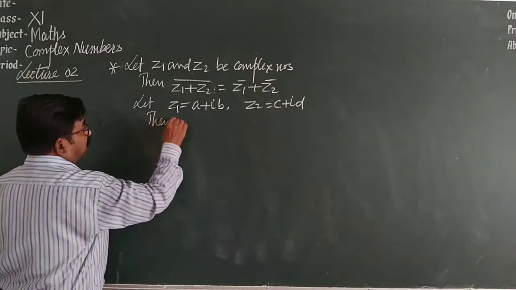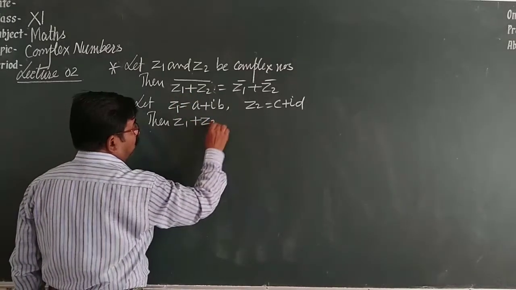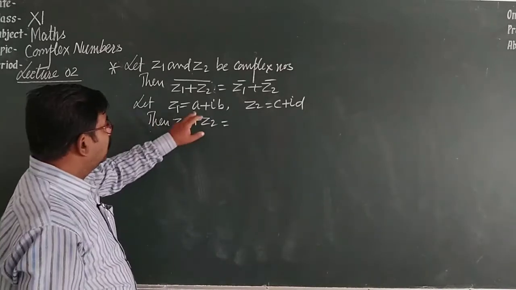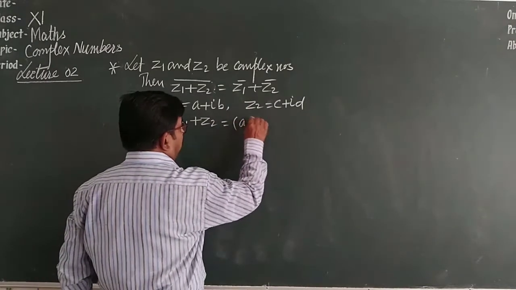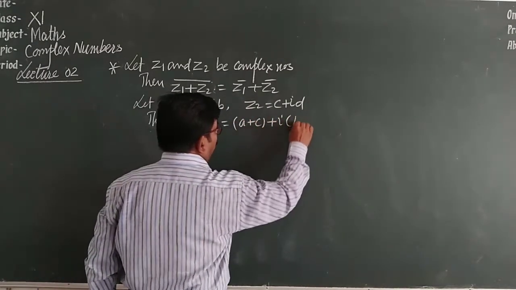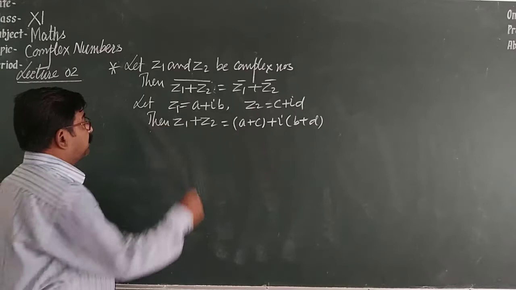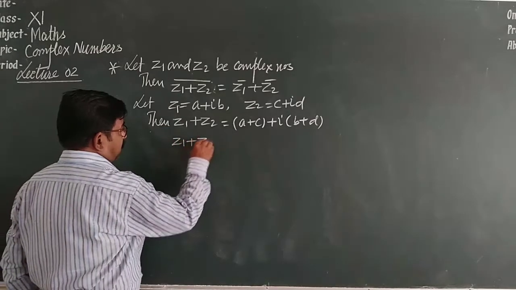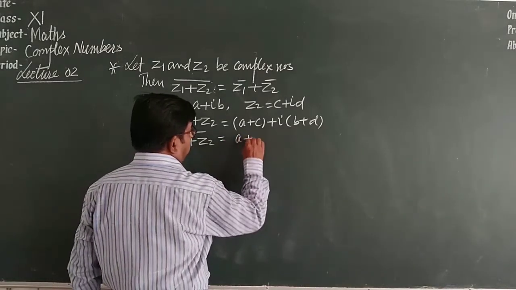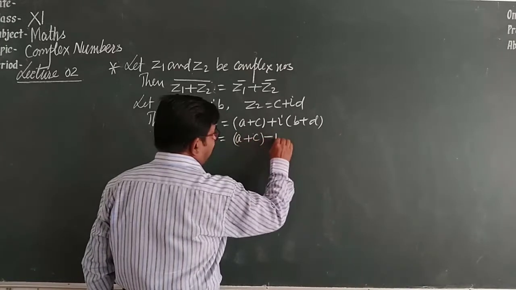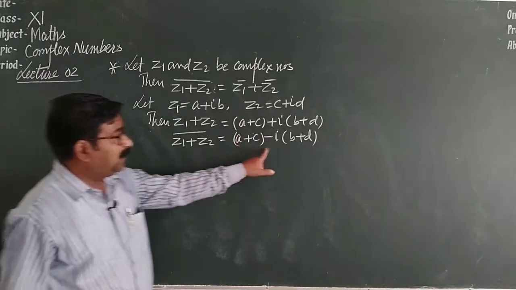Then first we find z1 plus z2. So what is the result? We will add real part with real part, imaginary part with imaginary part. So we have a plus c plus i times b plus d. Got it? Now its conjugate, z1 plus z2 bar is equal to a plus c minus i times b plus d. We have got the conjugate. Multiply this inside.